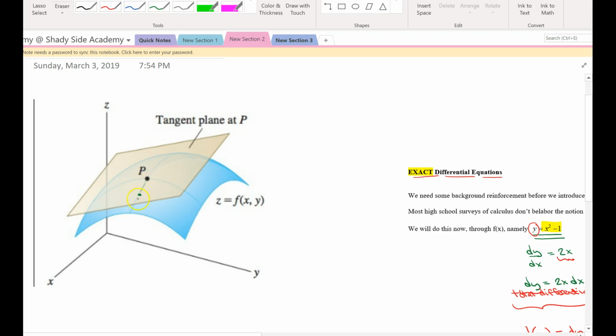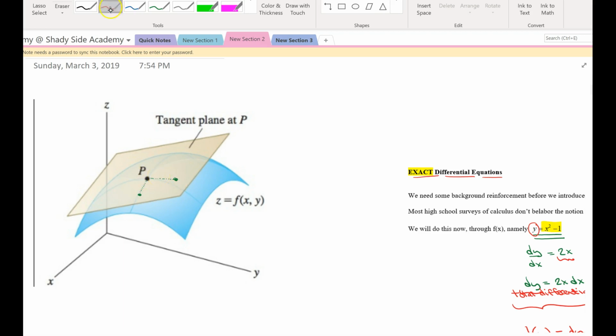And again, that new z value on the tangent plane would be a close approximation of the actual z value. However, if I wanted to move in the y direction on the tangent plane, it looks like here, if I'm taking this picture a little bit literally, my z value is going to increase a bit. So my local linear approximation, that z value will be greater than the z value here.